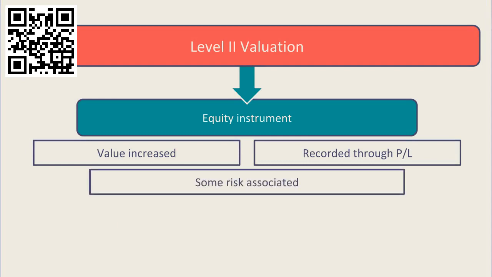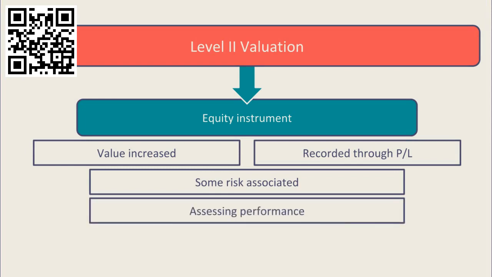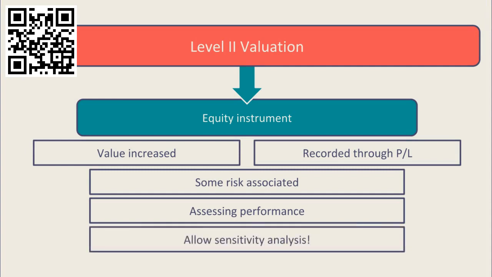And when we are assessing the performance of the organization, perhaps against key performance indicators, perhaps we should allow for some sensitivity analysis due to the fact that the level 2 valuation has risk associated with it. So do remember that every time the fair value moves, there is a corresponding entry either in profit and loss or OCI, and if that fair value movement is based upon a high risk measurement, perhaps we should allow for sensitivity analysis.